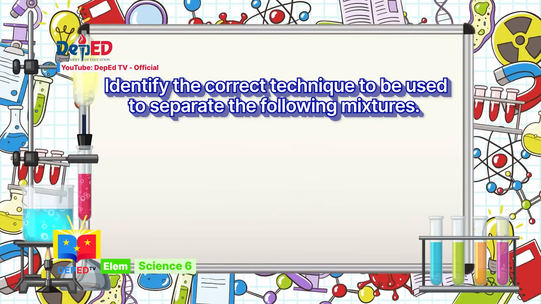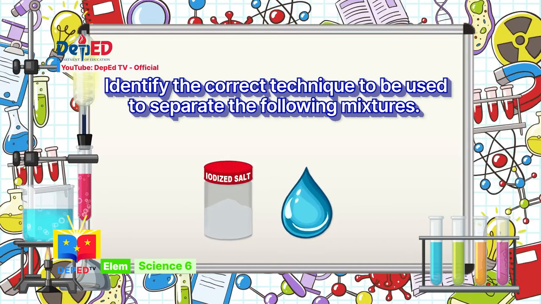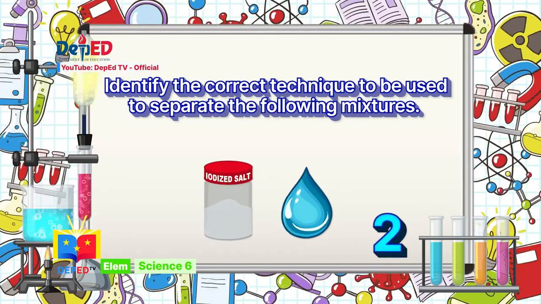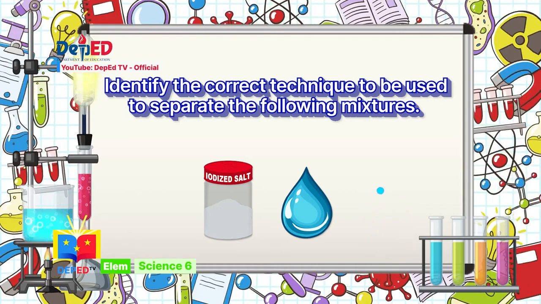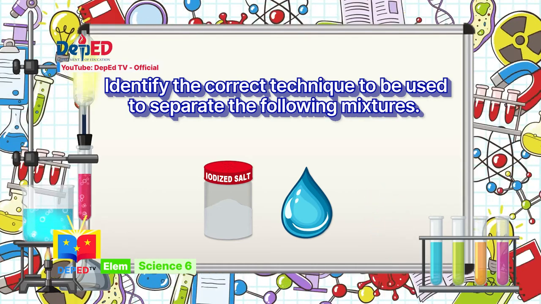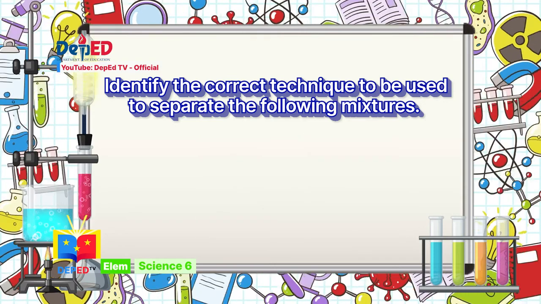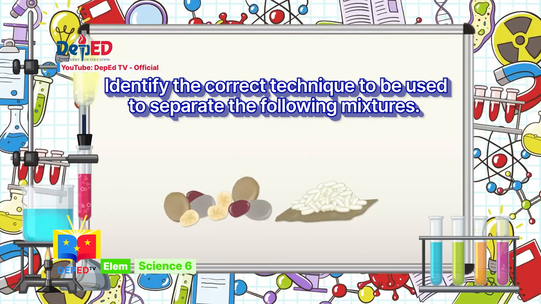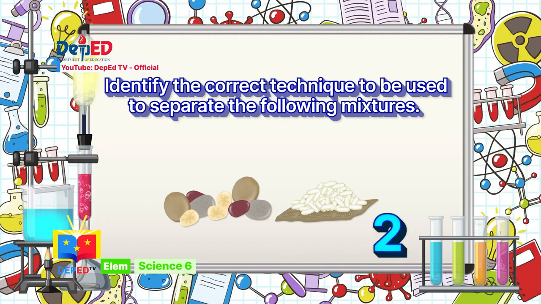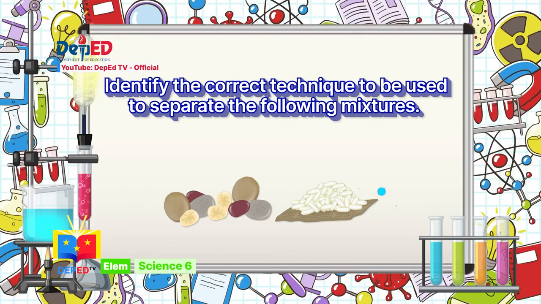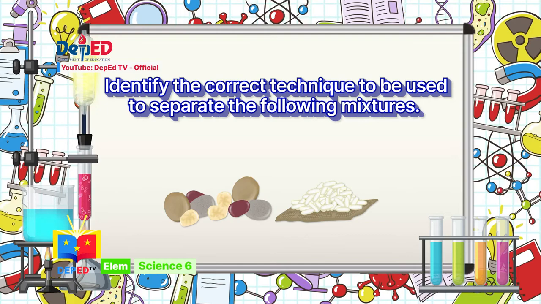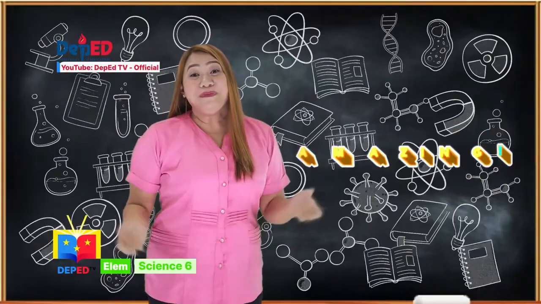Number 3. Salt and water. The correct answer is evaporation. Number 4. Pebbles and rice grains. The correct answer is hand picking.